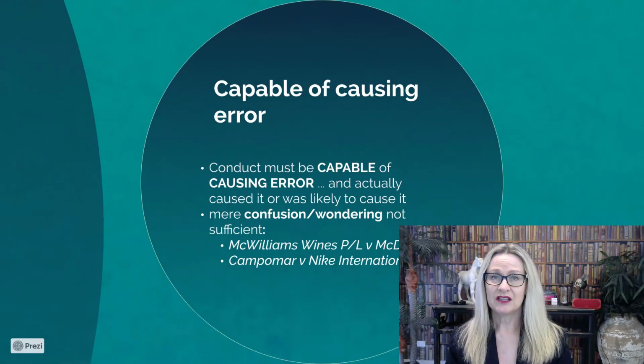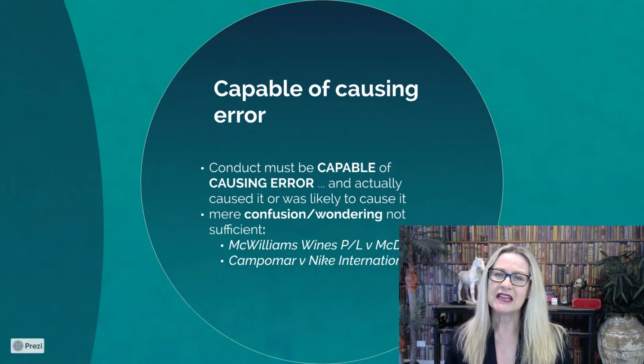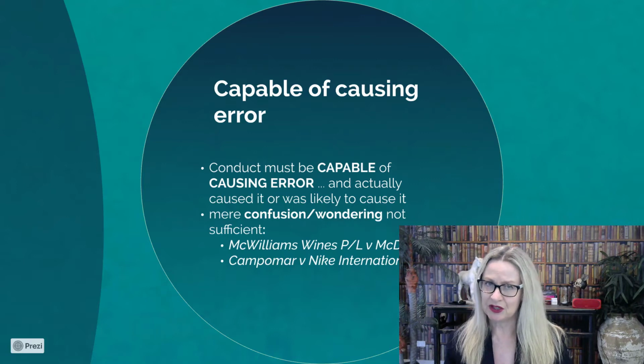The next thing is that the conduct, statement, representation, silence, whatever is being complained about, has to be capable of causing error and it either caused error or would be likely to cause error. So you don't actually have to have any specific instance of error here. It's enough if it's capable of causing error and indeed likely to cause error. In this respect, you need to be careful.